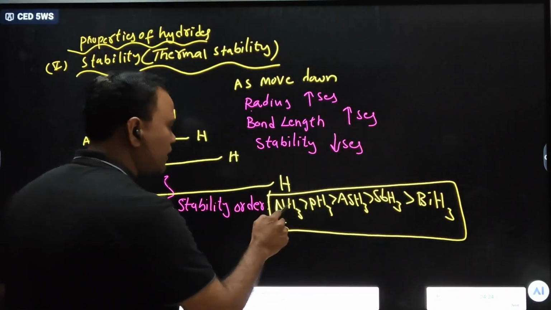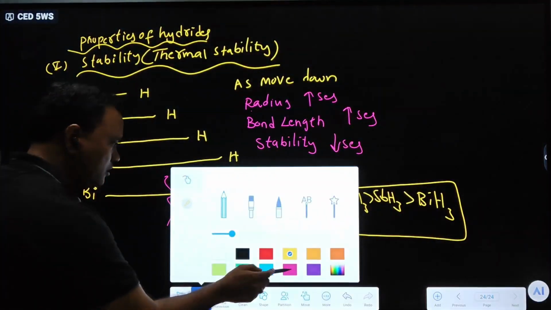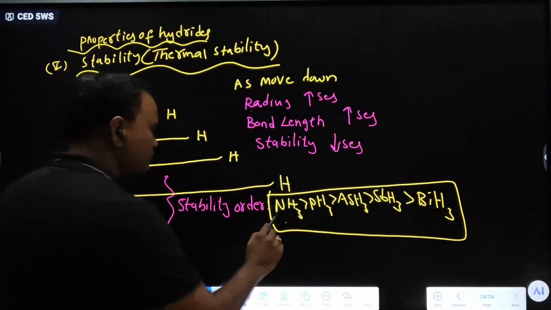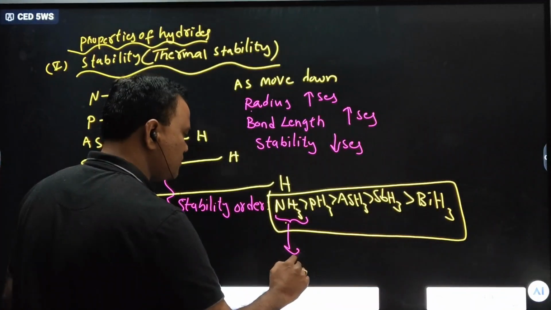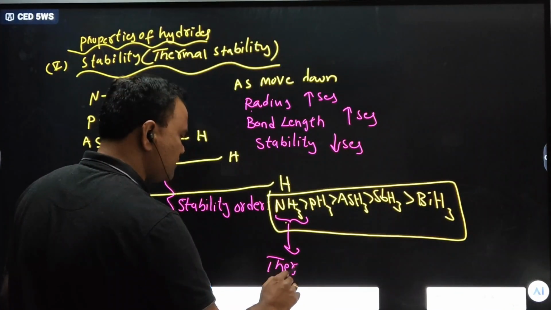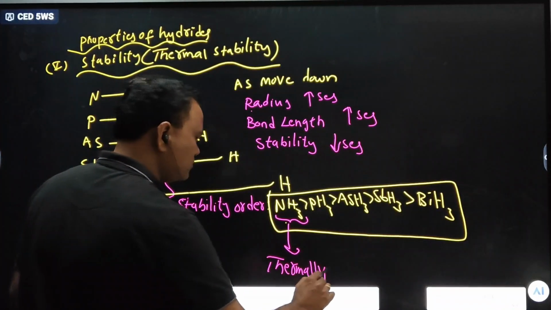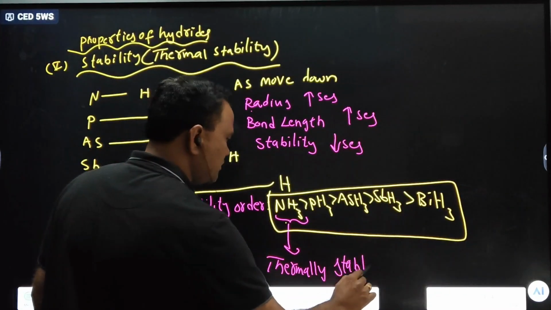Which is the thermally stable hydride? Ammonia. NH3 is thermally stable, or simply stable.